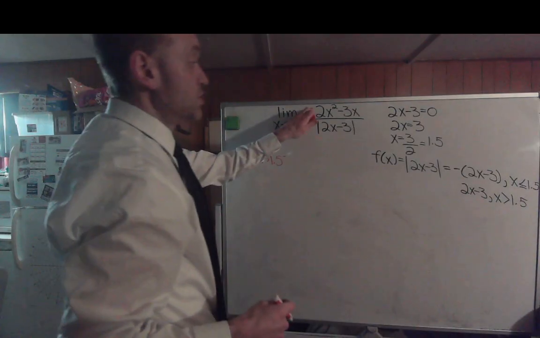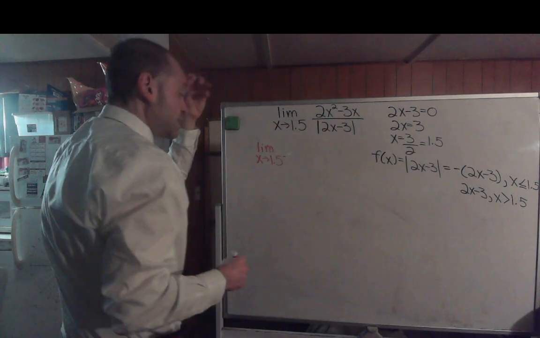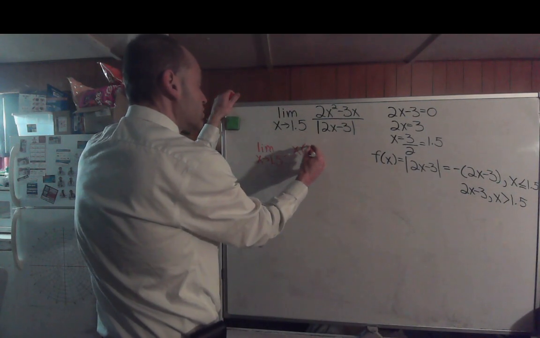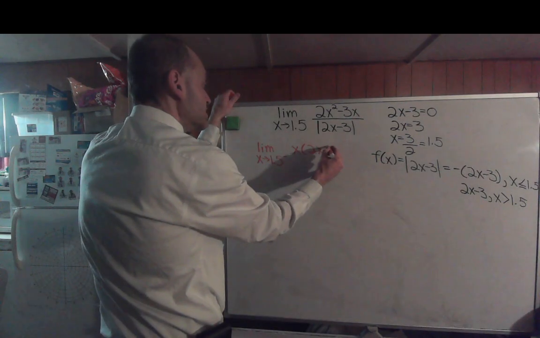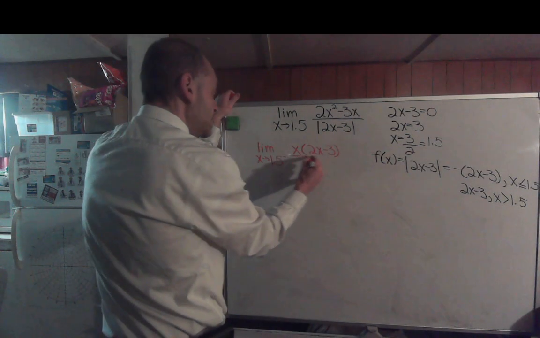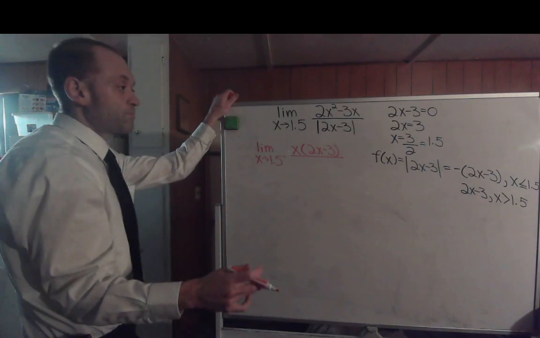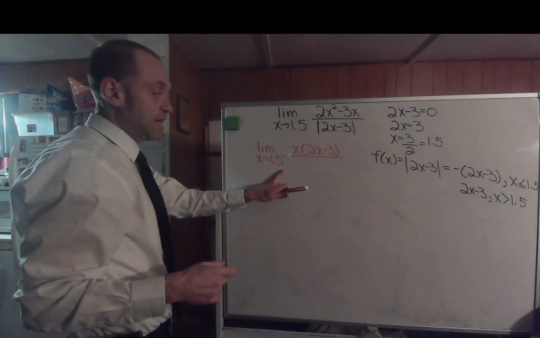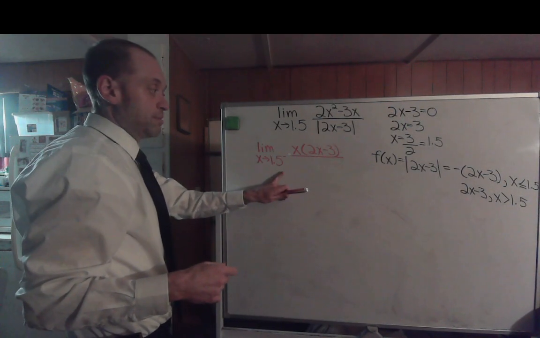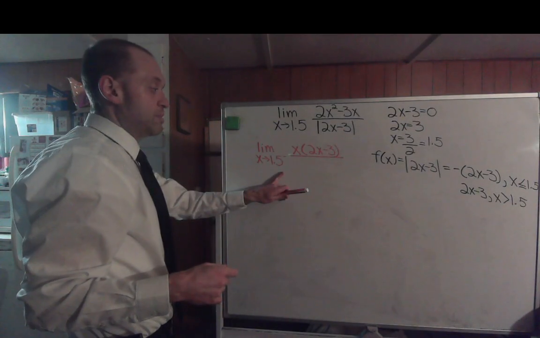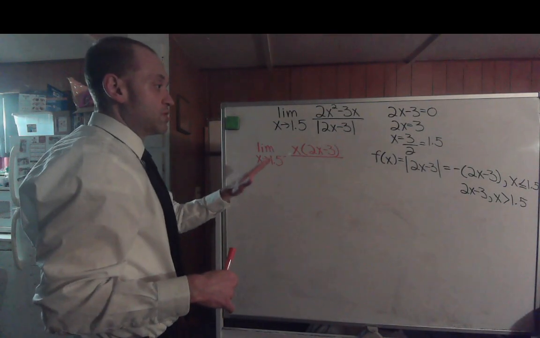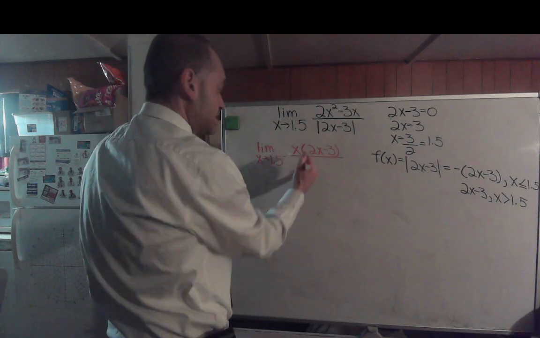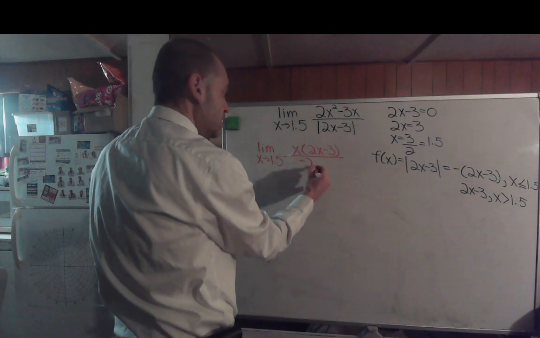Well, notice the numerator, you can factor out a common x. This will factor into x times the quantity of 2x minus 3 divided by, now if you're approaching 1.5 from the left, what does that mean? That actually means that you're going to be less than 1.5, so the negative of 2x minus 3 would take over.